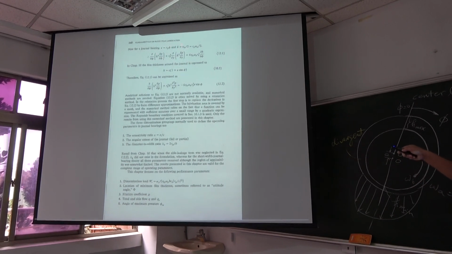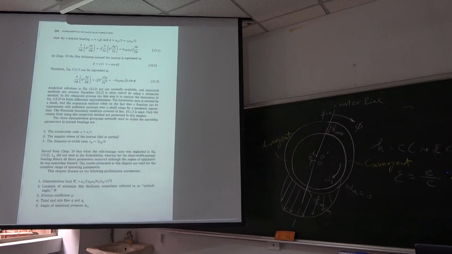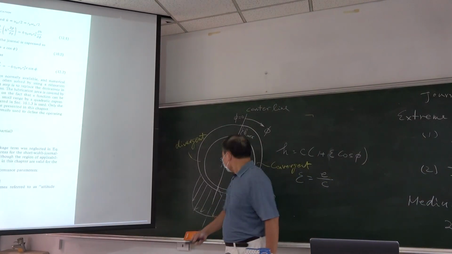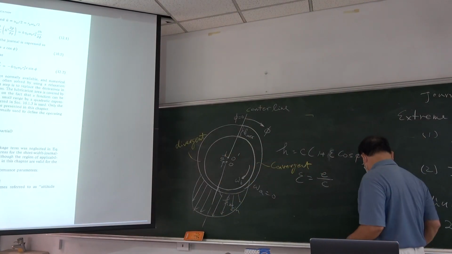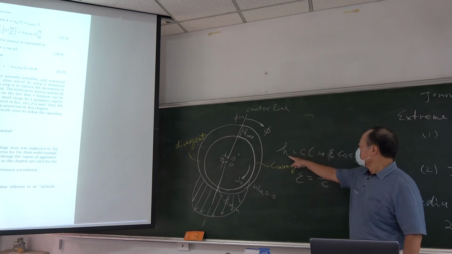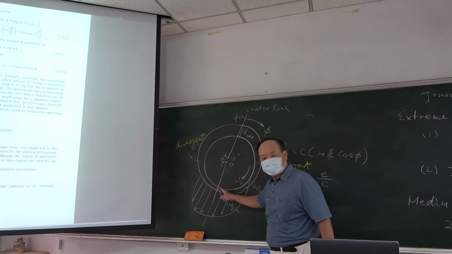Here, we'll put this one into here, then we'll obtain this one. And then h is C(1 plus epsilon cosine phi). So this plus means that our phi equal to 0 starts from the position with the maximum film thickness. If this is negative, in this case, we start our phi from the small film thickness.